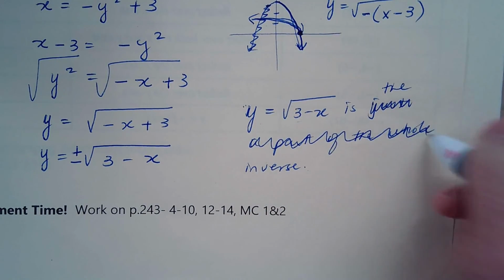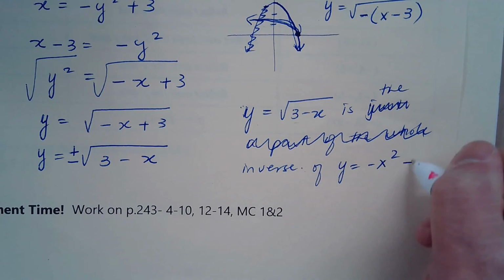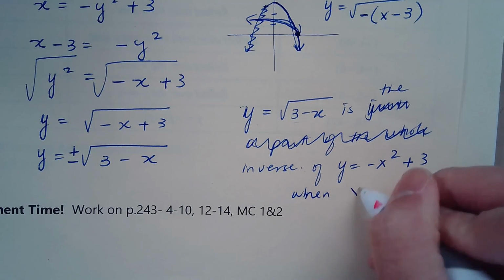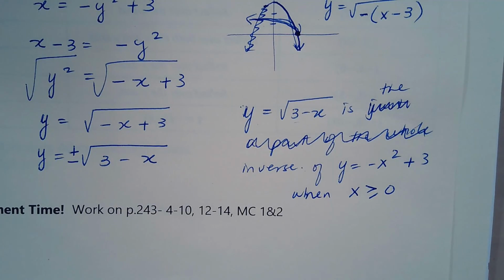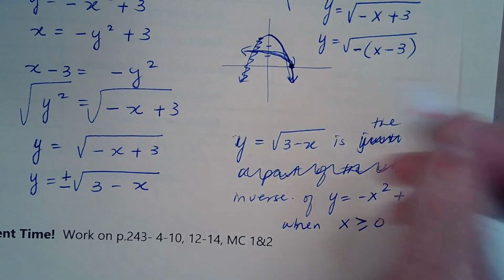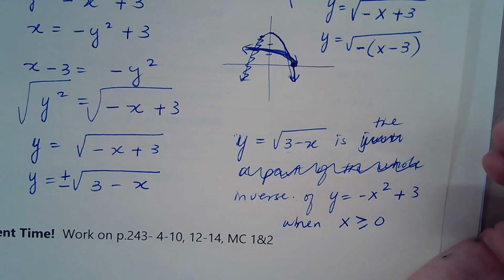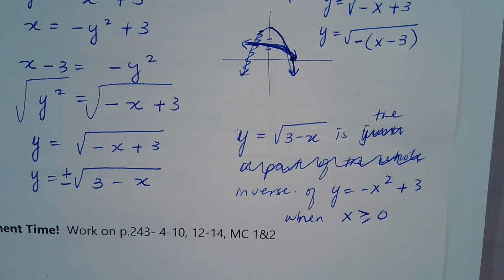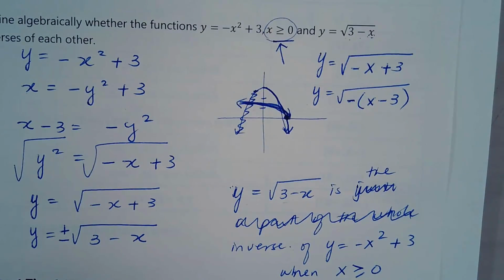Erase this part here. The inverse of y equals negative x squared plus 3 when we're just focusing on x greater than or equal to 0. Okay. So this is that part there. So yeah, they are inverses of each other because there's a restriction on the domain.